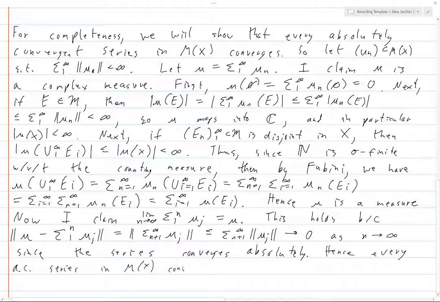Hence M(X) is complete and thus Banach, because it's a complete space that has a norm on it. Alright, there we go. This completes the proof.